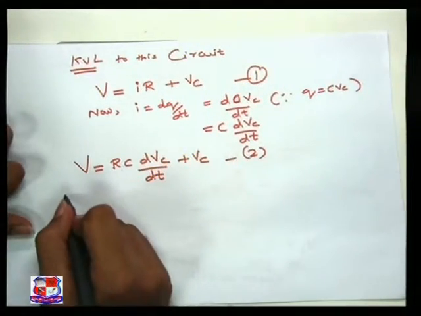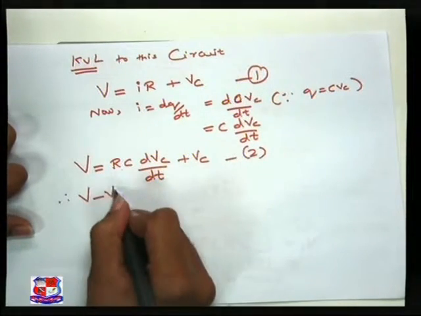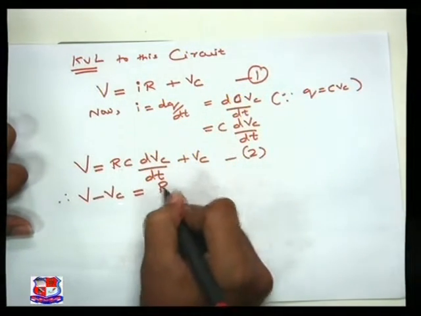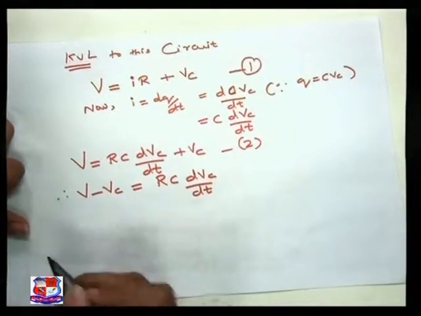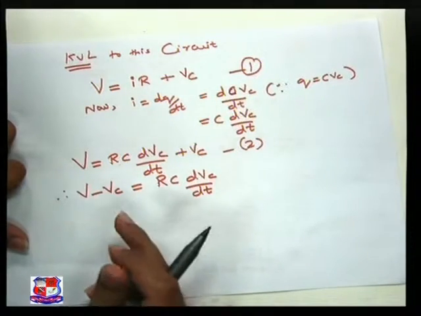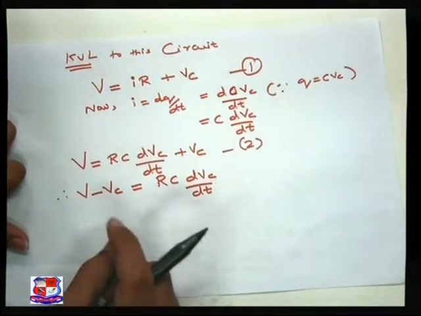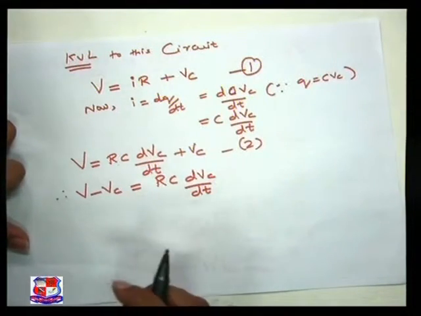right. So what I am doing is taking VC on the left hand side. So we will get V minus VC equal to RC dVC by dt. Again in maths you will find this method is known as the variable separable method. So I am applying that method of variable separable here.